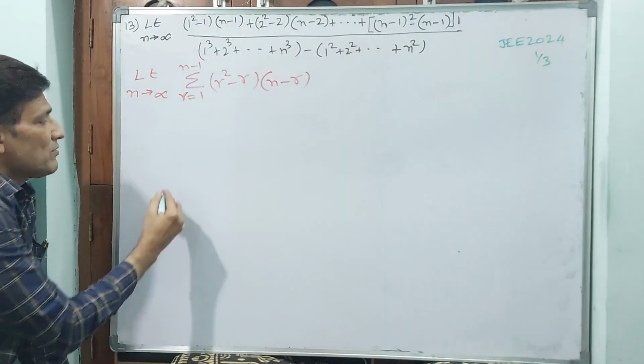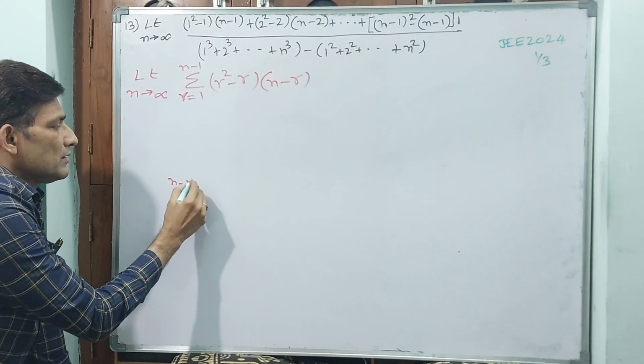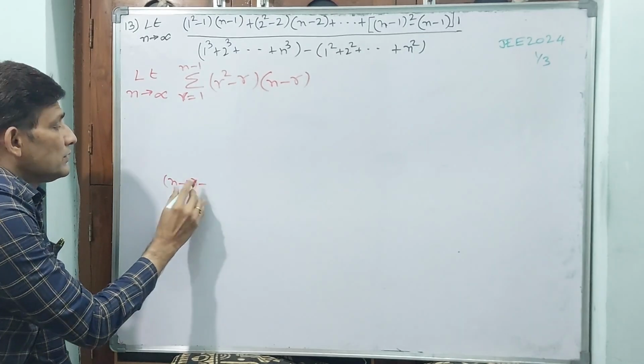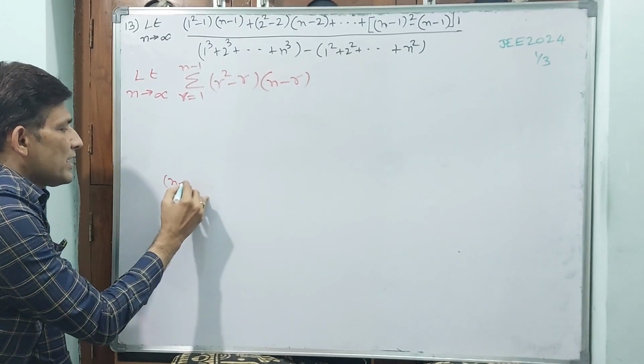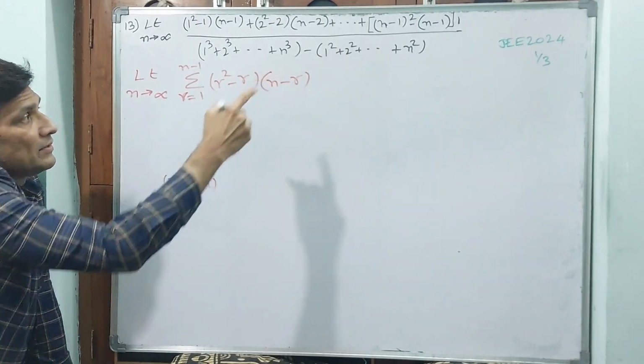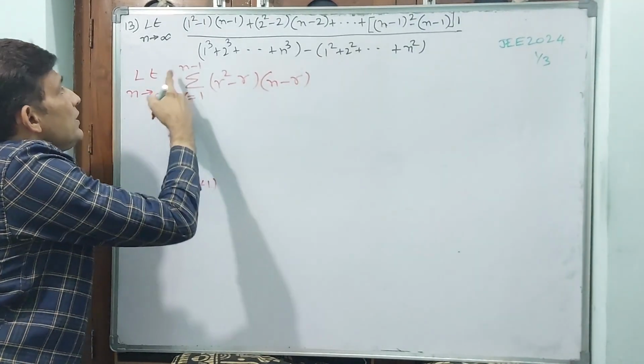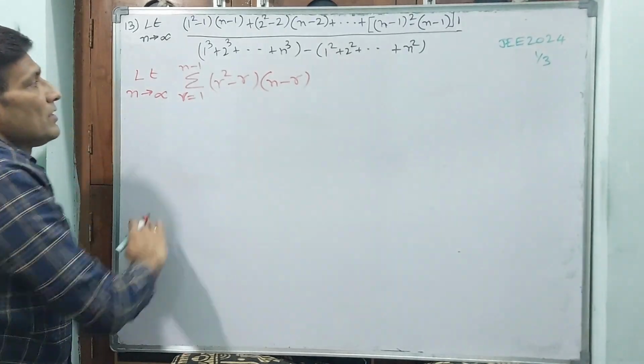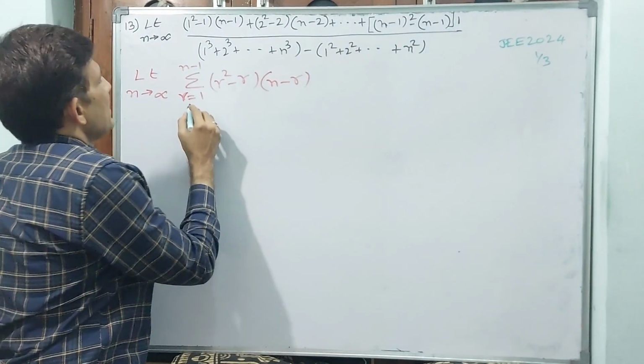The last term also, actually the last term, n minus n minus 1, plus 1, r will come n minus 1. This is the numerator. What about the denominator?